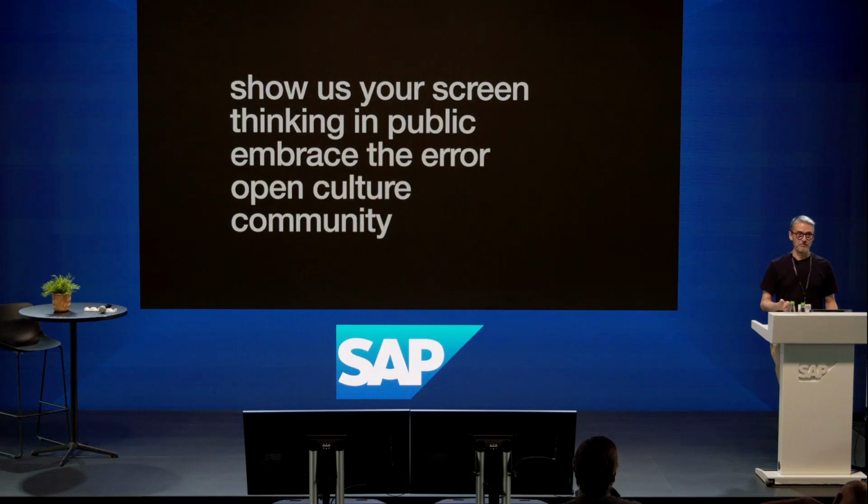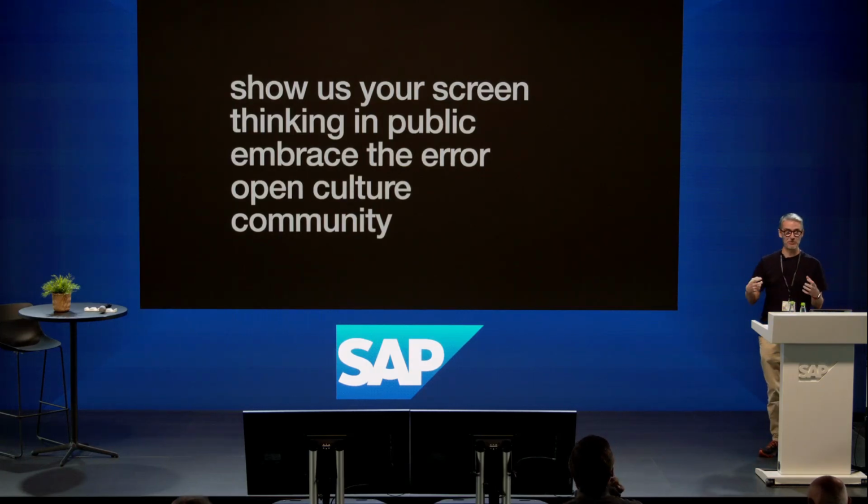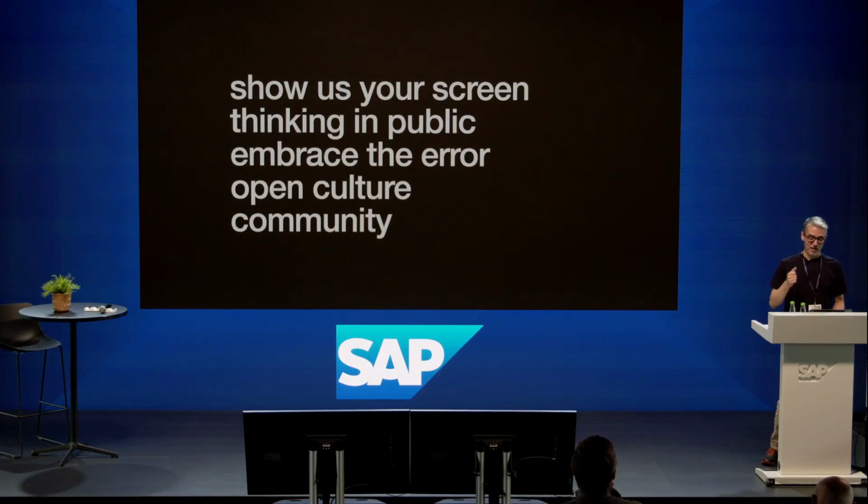Another value is embrace the error. So when someone makes a mistake, when the system crashes, everyone in the audience celebrates that. And it's really fun and it's really nice because it's a way of encouraging people to be yourself, be creative, share your screen and share your music.